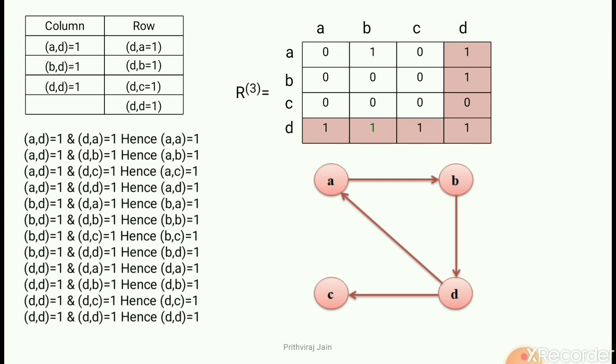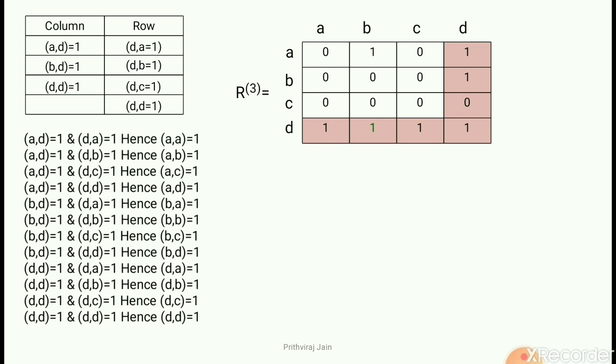D comma d is equal to 1 and d comma d is equal to 1, hence there is a path from d to d. Here it may be repeated a number of times, but the thing is there exists a valid path from one vertex to another vertex. Okay, so we have computed all the values and we got the new values as well.